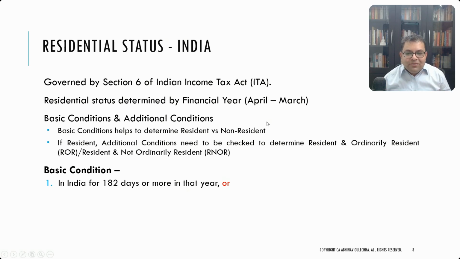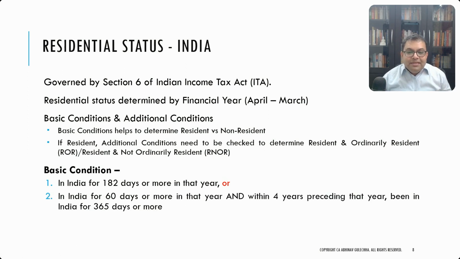So there are two conditions. First is 182 days or more. If you don't meet this condition, then, for example, for April 2023 to March 2024, the second condition is 60 days or more in that particular year, and 365 days or more in the 4 years prior to that year.